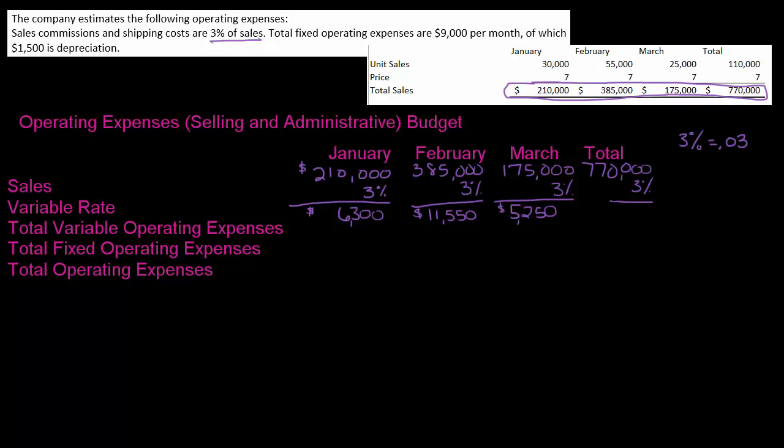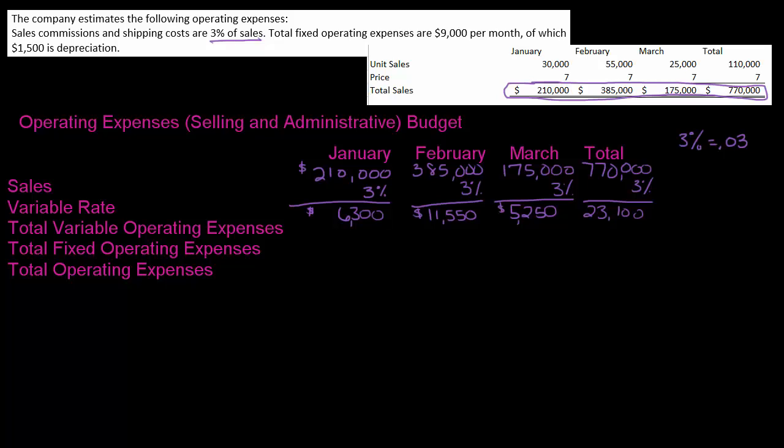And then for a total column, 3% of 770,000 is 23,100. And remember, if I add these three numbers across, they should equal 23,100.